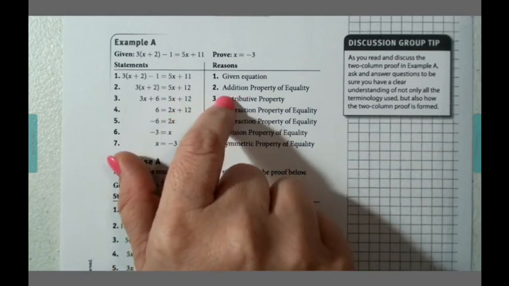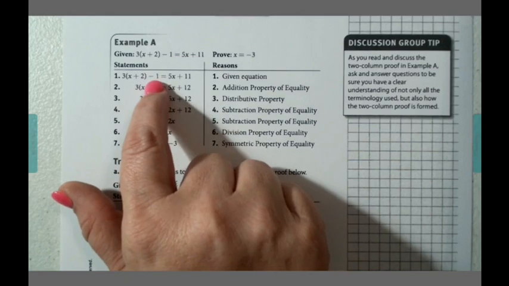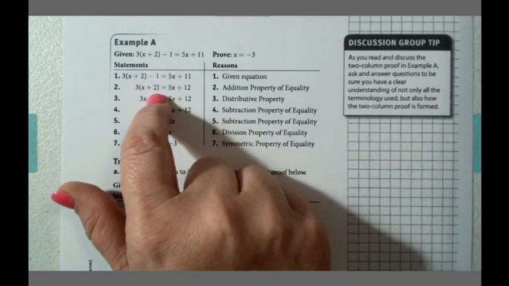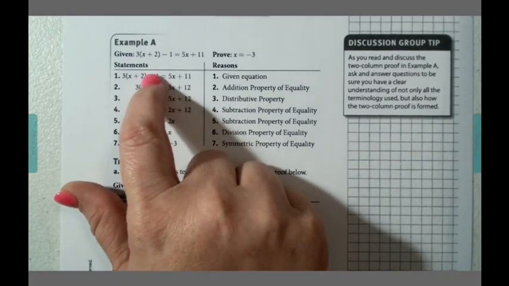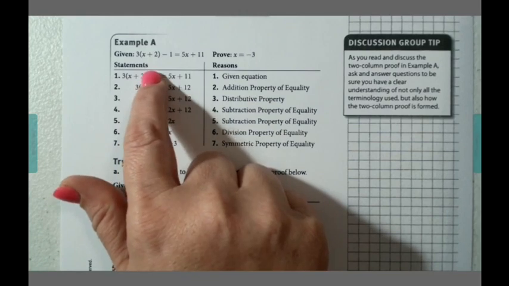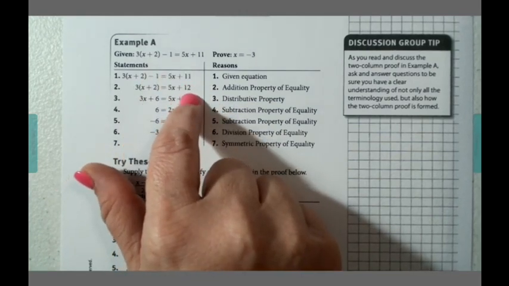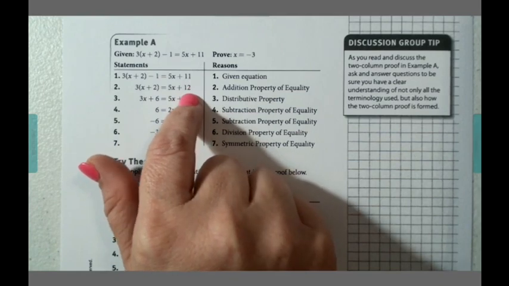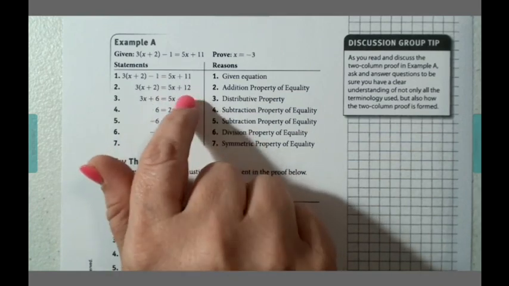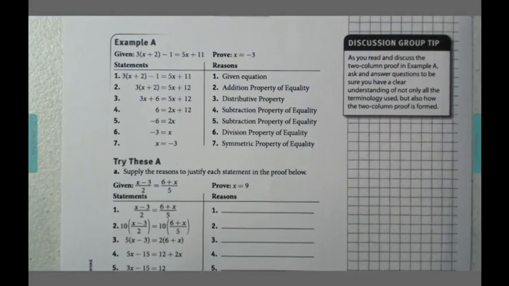They used the addition property of equality here because as you go from this line to this line, this negative 1 is no longer there, and this positive 11 has now changed to a positive 12. So they must have added 1 to both sides. Again, as I explained in the last example, there will not be that plus 1 on both sides. They're just going to work the operation.